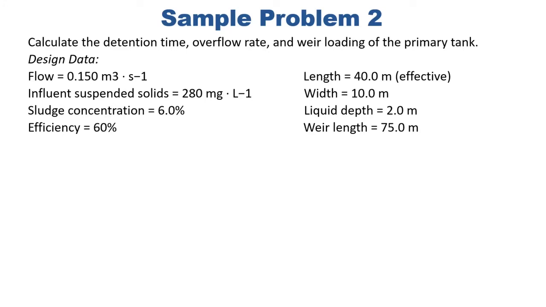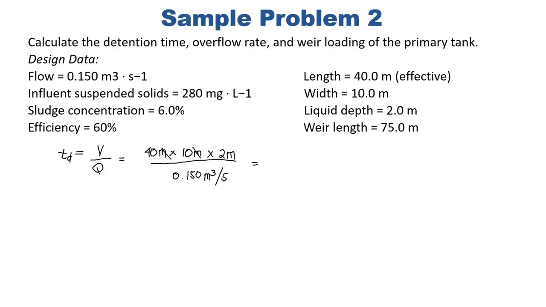From the previous discussion, we learned that the detention time is equal to the volume divided by the volumetric flow rate. Let's solve first for the detention time. Detention time is equal to the volume divided by the volumetric flow rate. So we have a volume of 40 meters times 10 meters times 2 meters divided by the volumetric flow rate of 0.150 cubic meters per second.